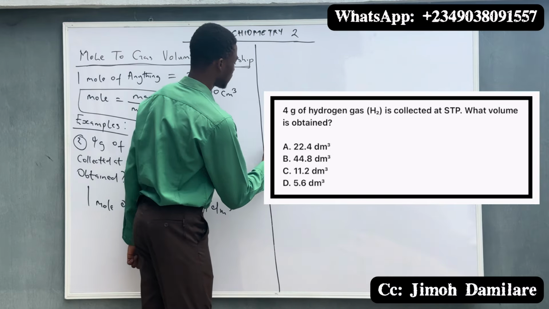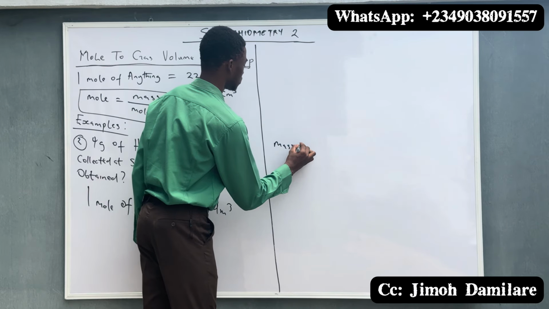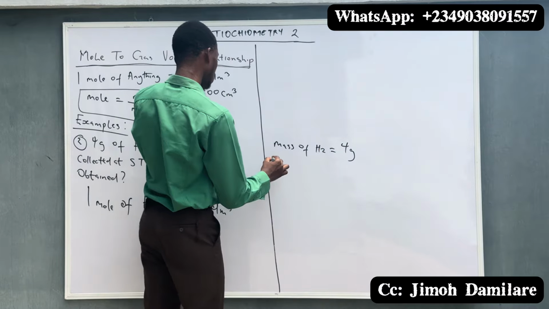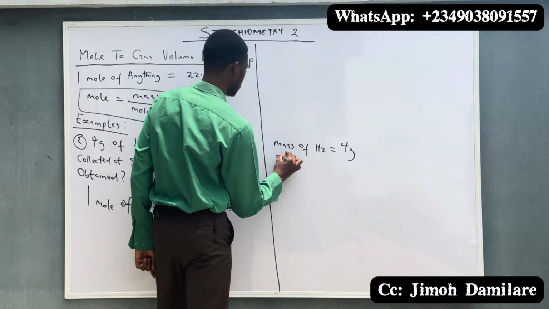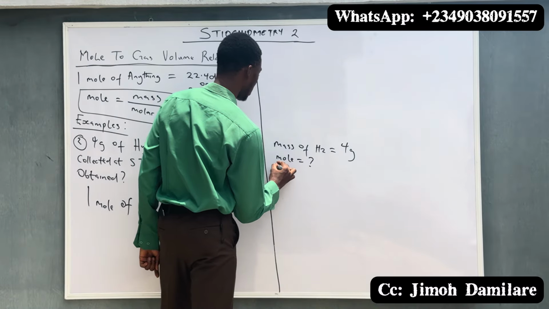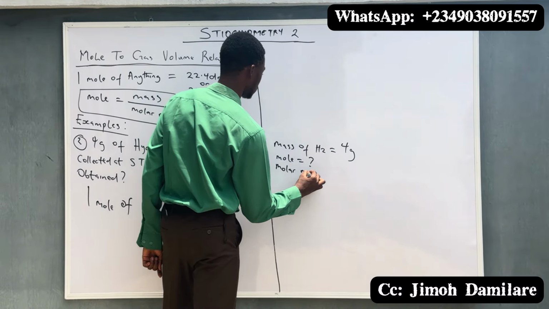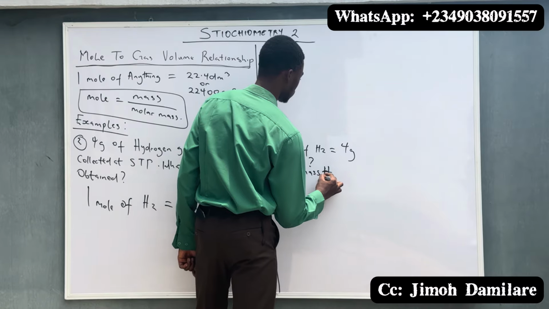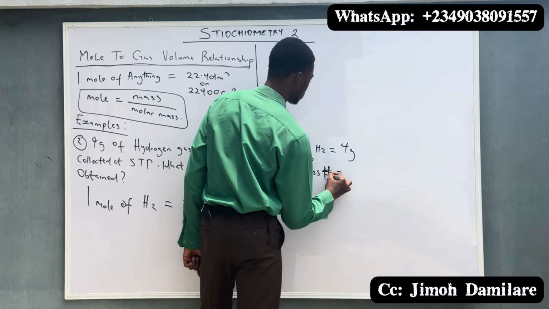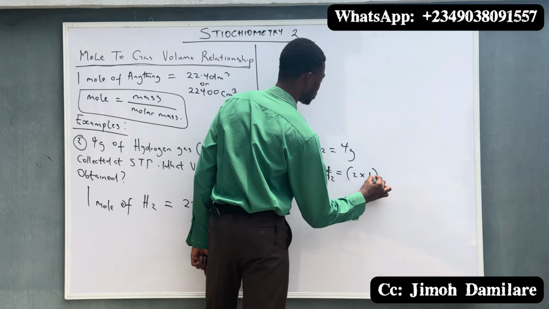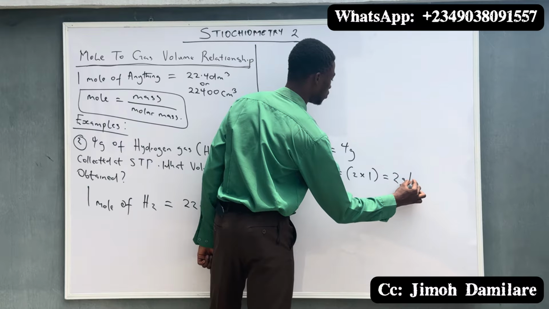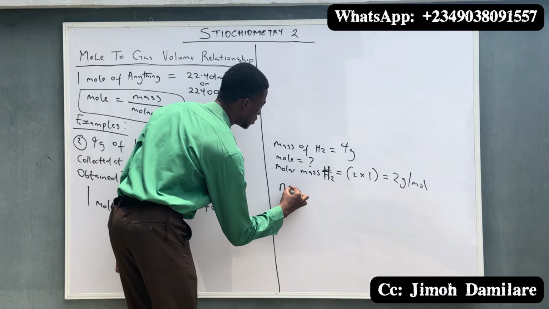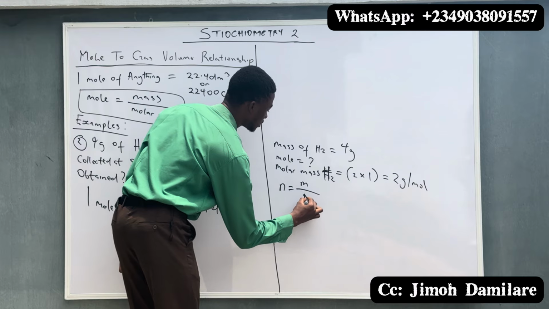We know that the mass of hydrogen is equal to 4 grams, while the mole is unknown, and the molar mass of H2 will be given as 2 multiplied by 1, which is equal to 2 grams per mole. So remember that our mole is equal to mass, which is small m, over molar mass, which is big M.